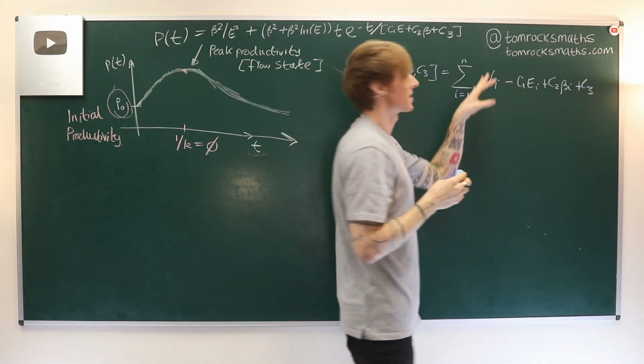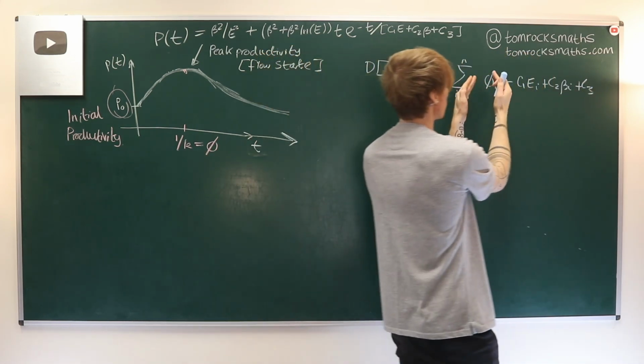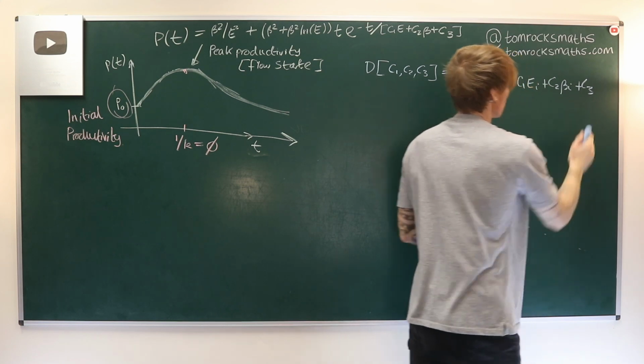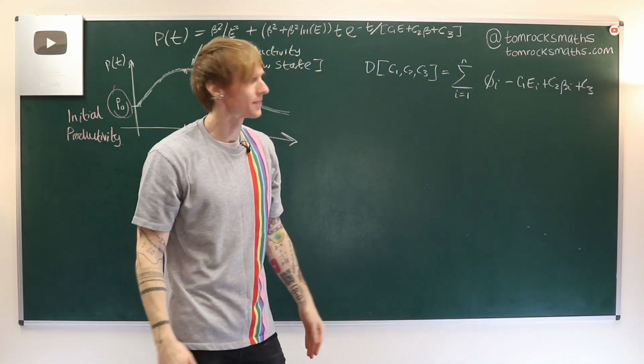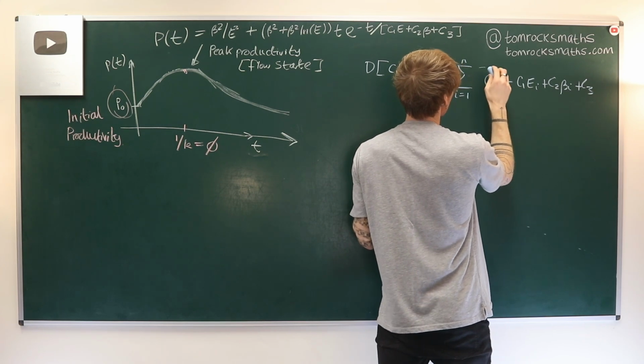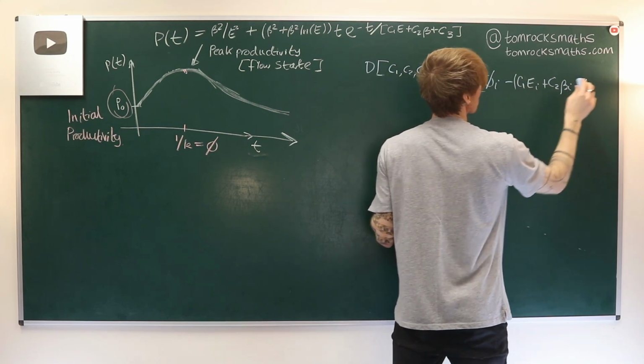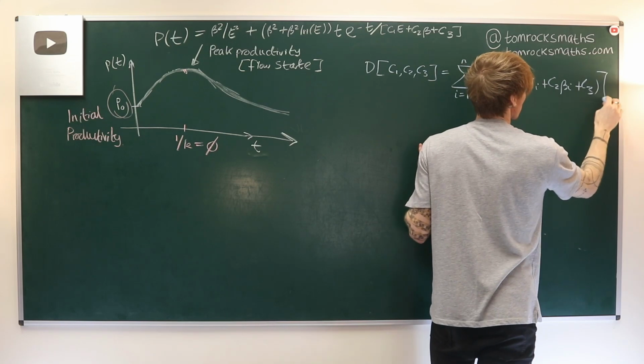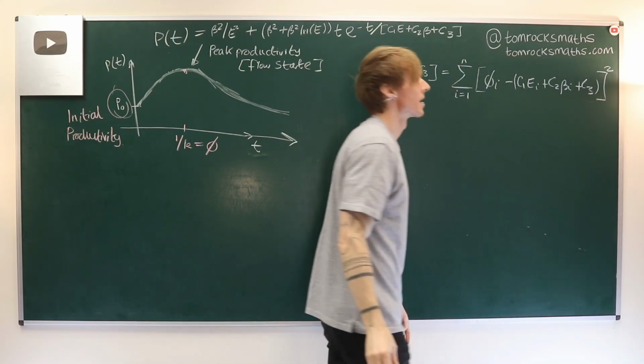And we want to look at the difference between the function and the particular data that we have. And then, as with usual least squares regression models, we're going to square the distance.